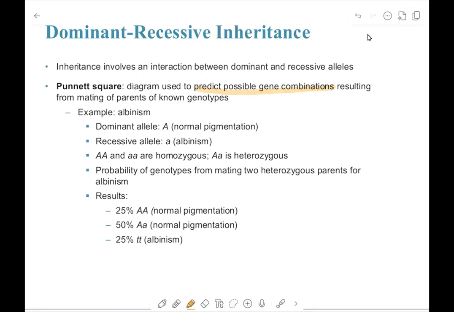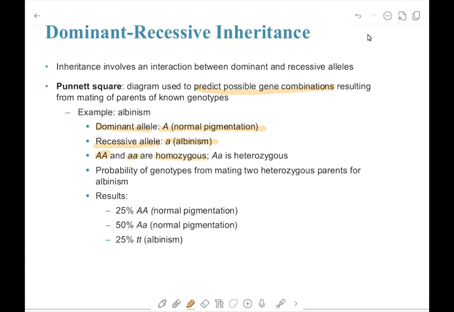If we consider this example of a dominant allele, which would be the capital A, remember we tend to use capital letters for dominant alleles. For recessive alleles, we use lowercase letters, in this case a lowercase a for albinism. The homozygous ones are the ones with two of the same capital letters or two of the same lowercase letters.